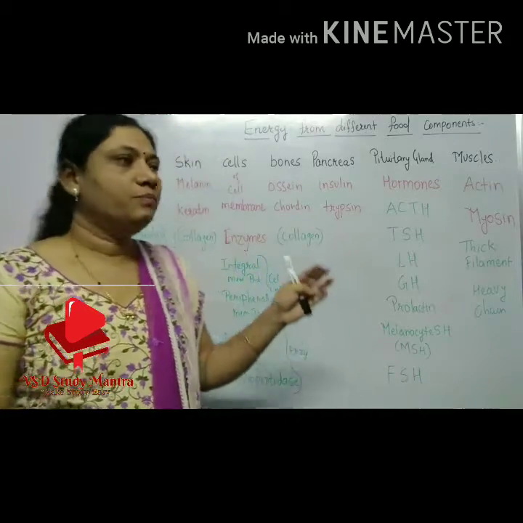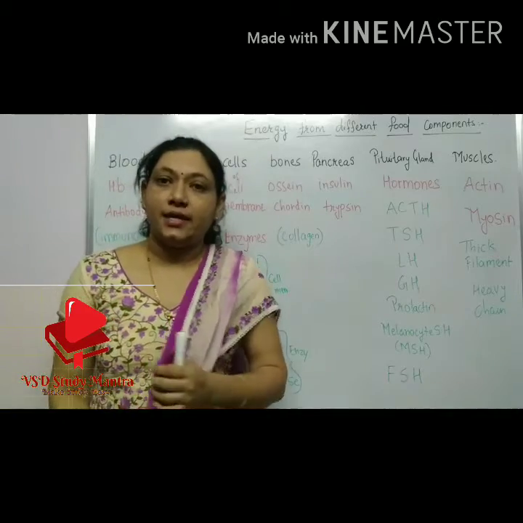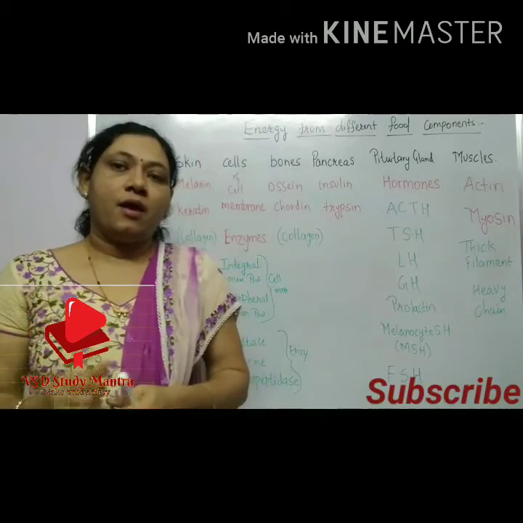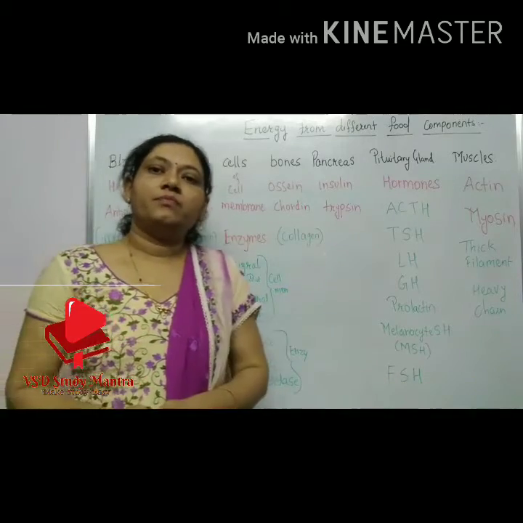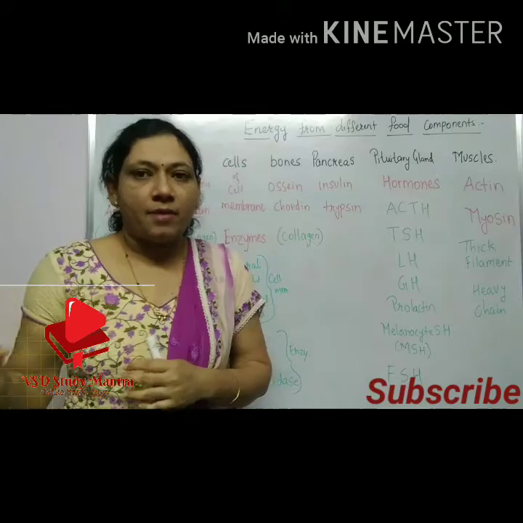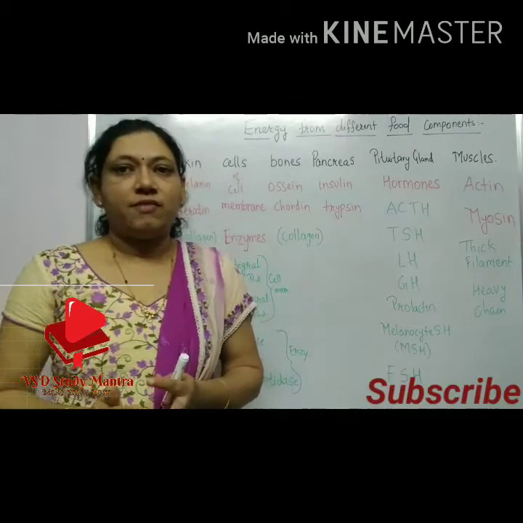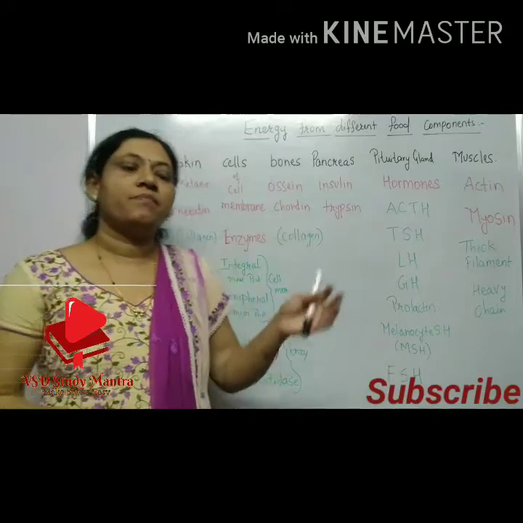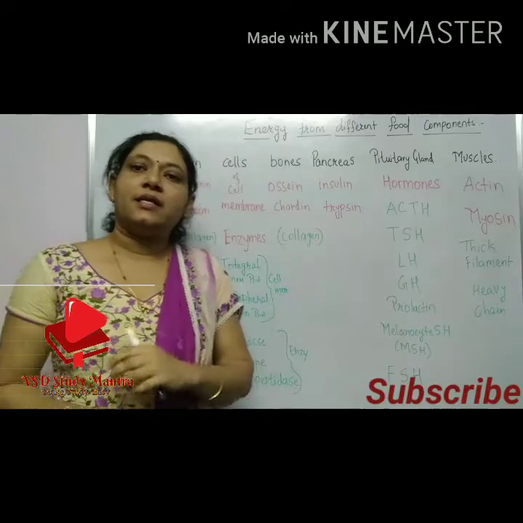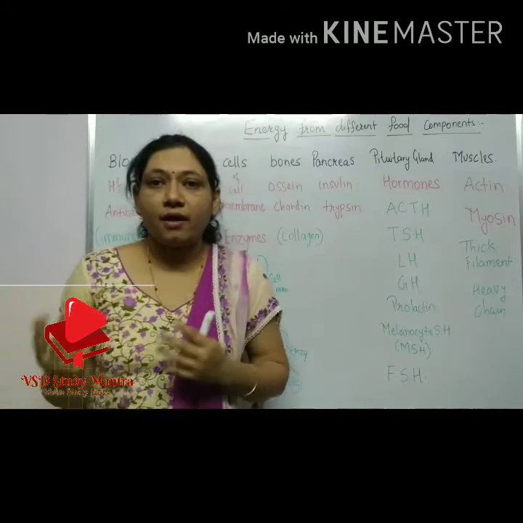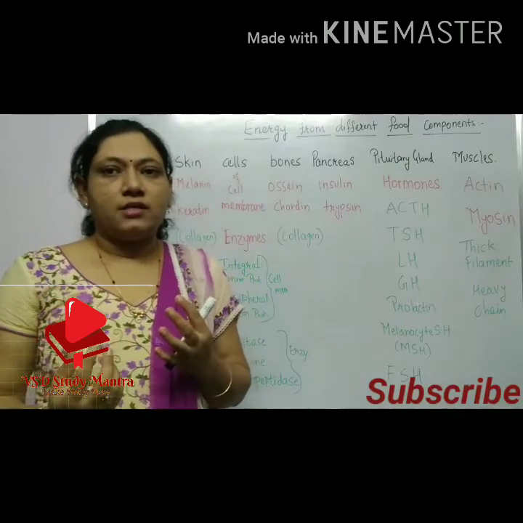How are they useful for us in genetics? Our hereditary traits depend upon these proteins, because we look similar to our family members, but we look different from strangers. Why is that? Because melanin and keratin are present in the skin, hairs and eyes.